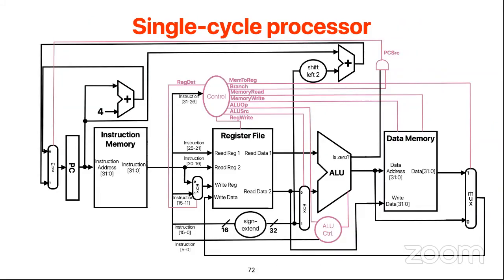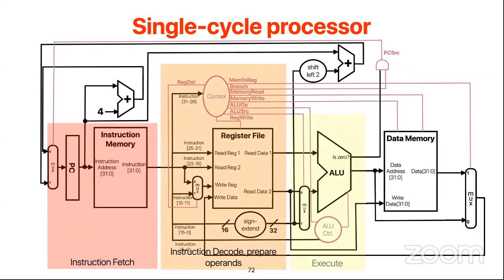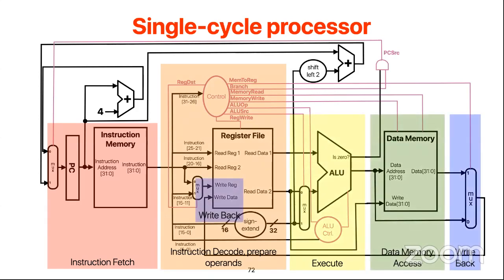So if you look at this single cycle processor, you need to at least know this is instruction fetch, this is instruction decode, this is execute, this is data memory access, this part of the logic is for write back, and this part of the logic is for the next PC.